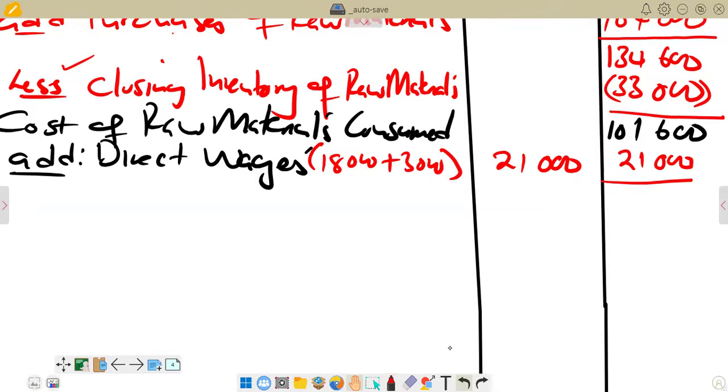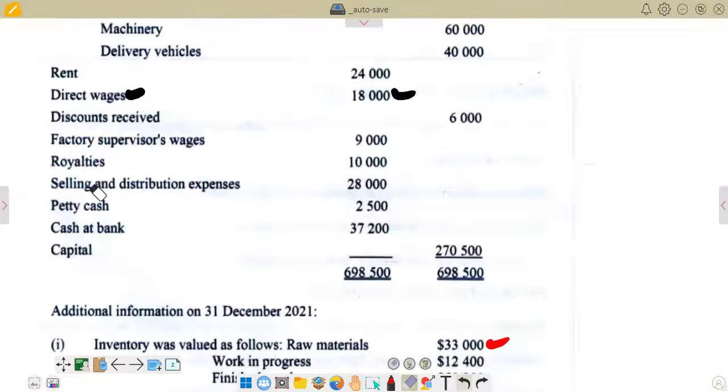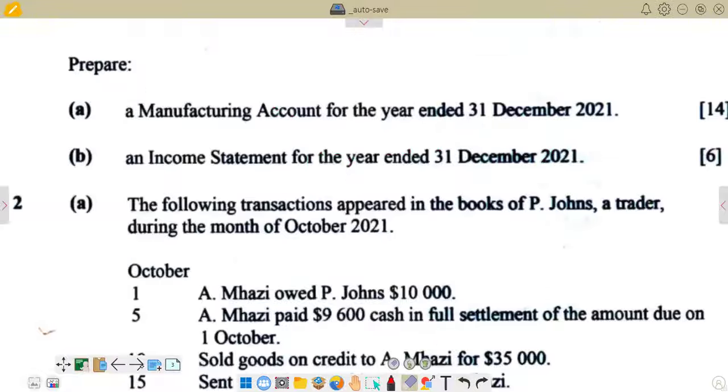Before we enter that, remember we are supposed to check if you have got any other direct expenses, like what I was saying. If you go back there, you'd see that we have got royalties of 10,000. It's also a direct expense that we are supposed to include.